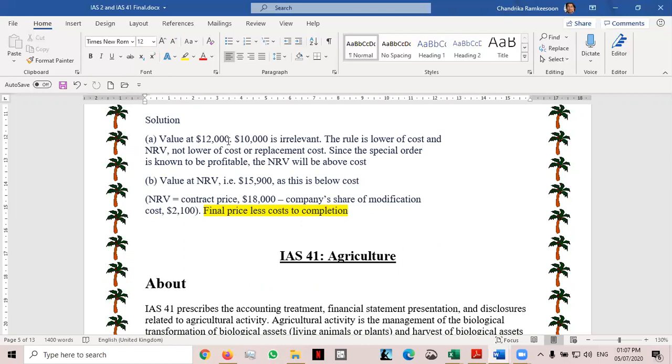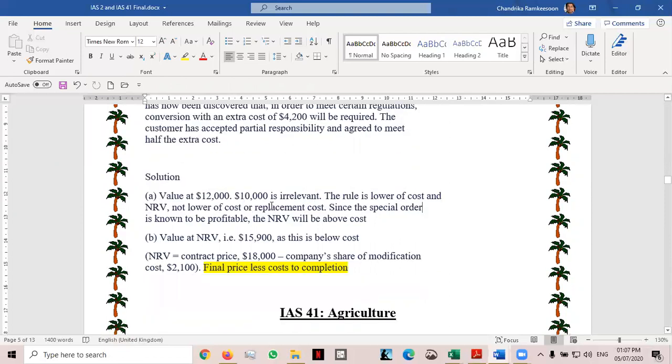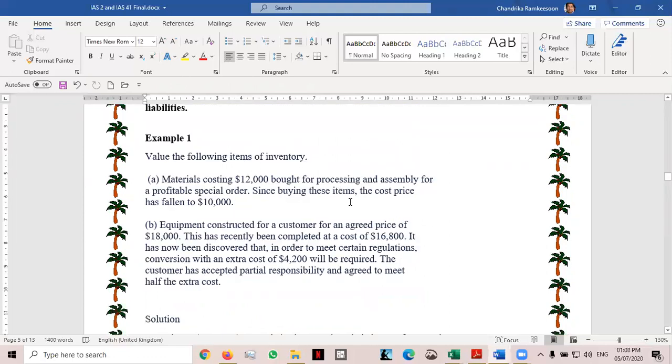You were told here that the material cost 12,000. The material itself was purchased, as seen here, for processing and assembly of a special order.